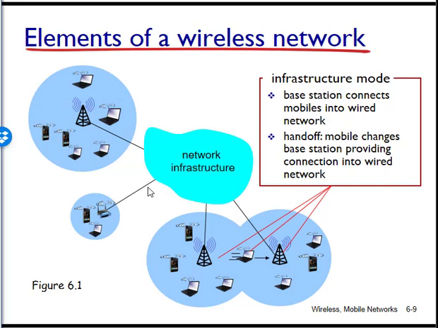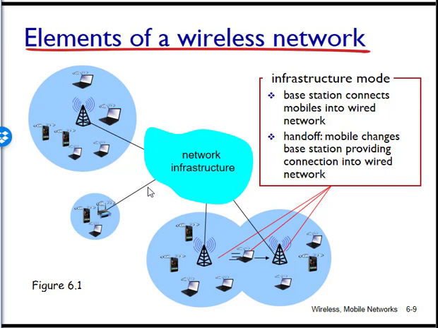When we say a wireless host is associated with a base station, we mean that first, the host is within the wireless communication distance of the base station, and secondly, the host uses the base station to relay data between it, the host, and the larger network.